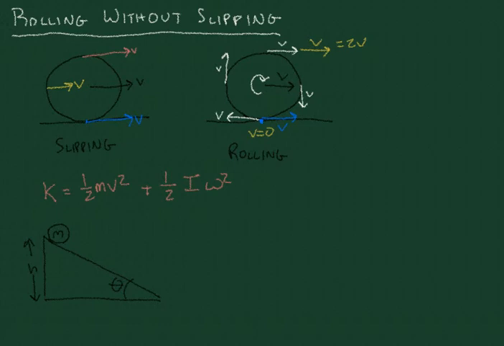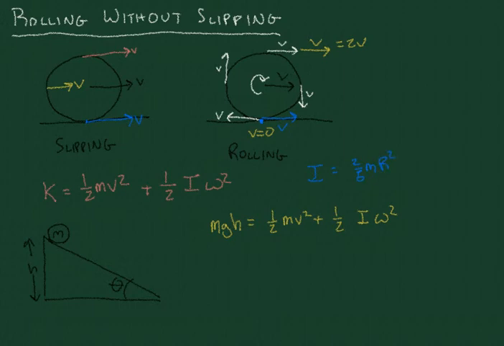Its initial energy was mgh. It was all potential. At the bottom, there's no more potential energy, so the energy becomes 1/2 mv squared plus 1/2 I omega squared. Now for a ball, the moment of inertia is equal to 2/5 m times the radius squared.